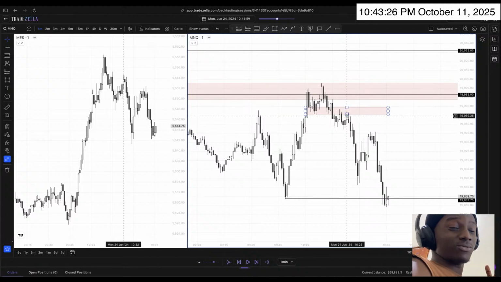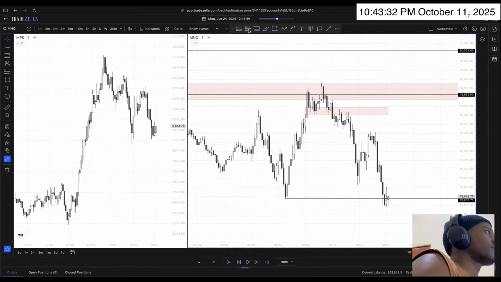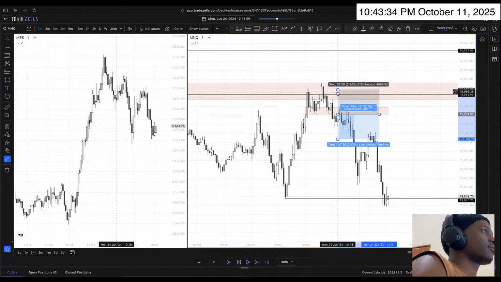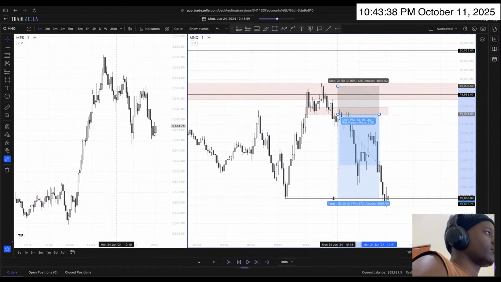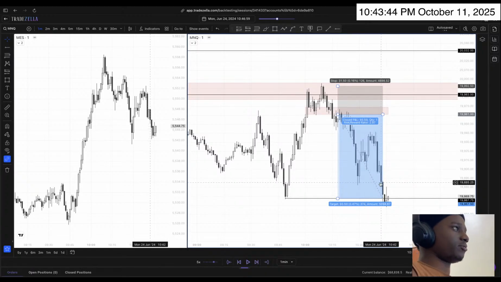Does twice exist or thrice? Right, now that's this here. So you want handle stop loss, and you target 93 handles. Wow. Very crazy move.